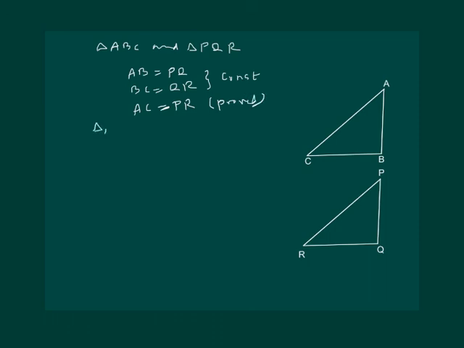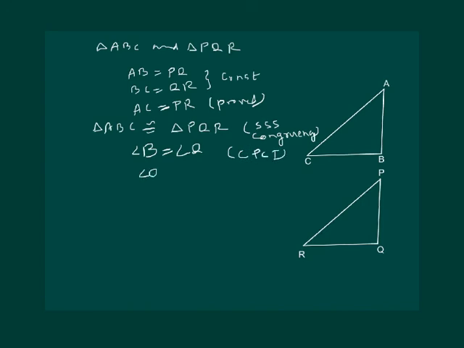So the triangles are congruent by SSS congruency, implying that angle B equal to angle Q by CPCT.